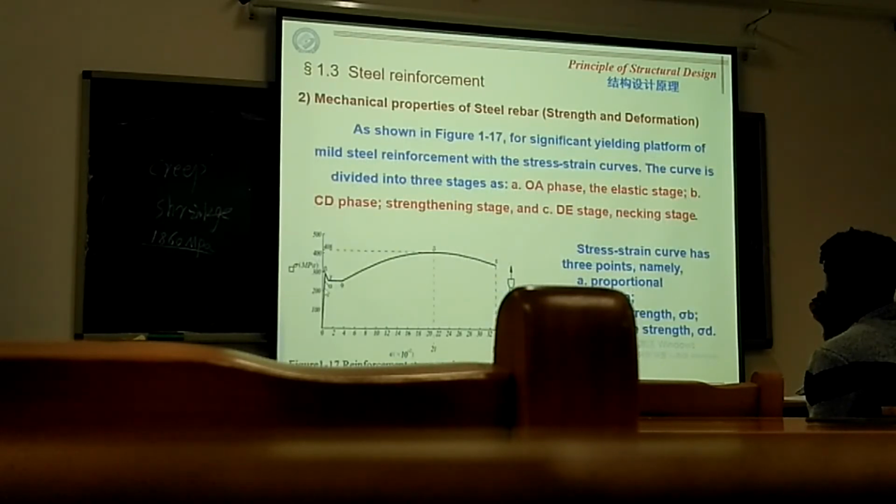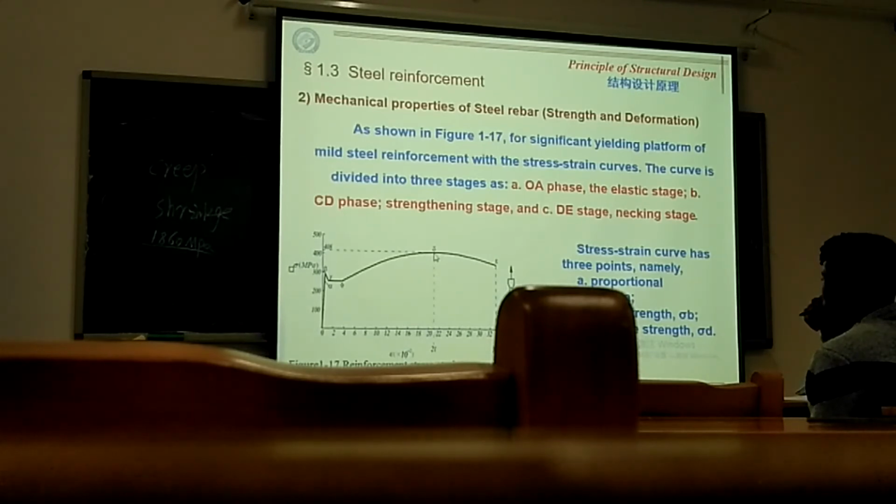So you see, this value is the ultimate strength. This is the yield strength. This value is much higher than this value. But when we design, actually we use this as the basis, as the strength of the steel. This is because once the steel reaches this strength, it goes through a process of strengthening.